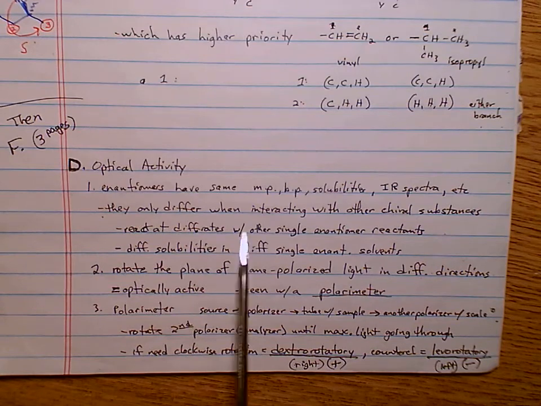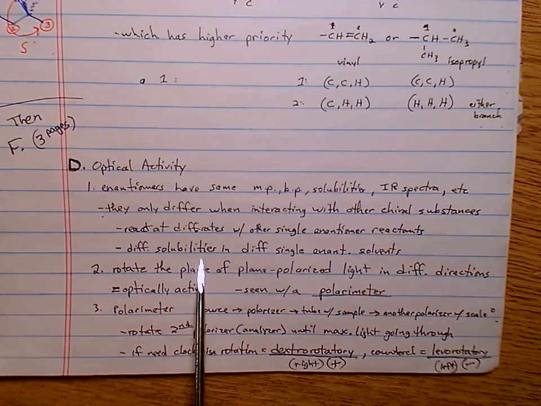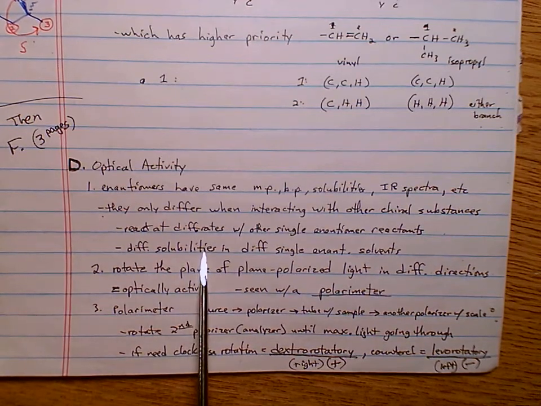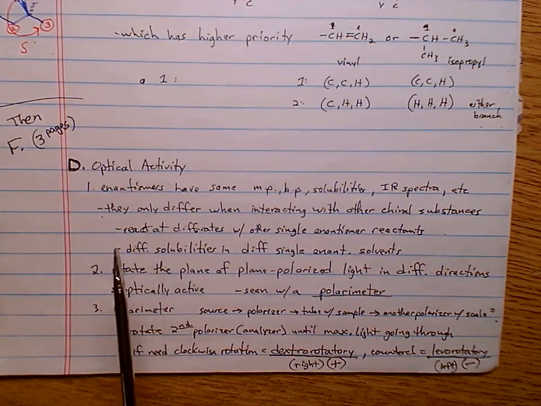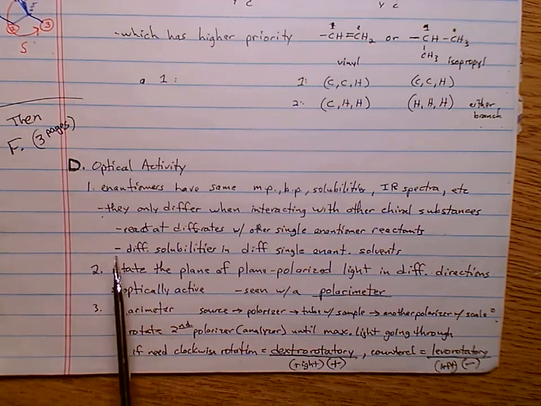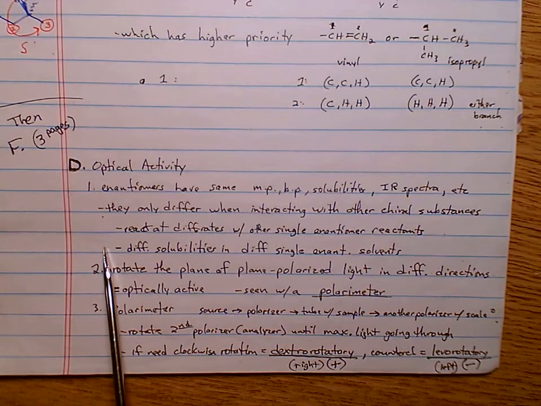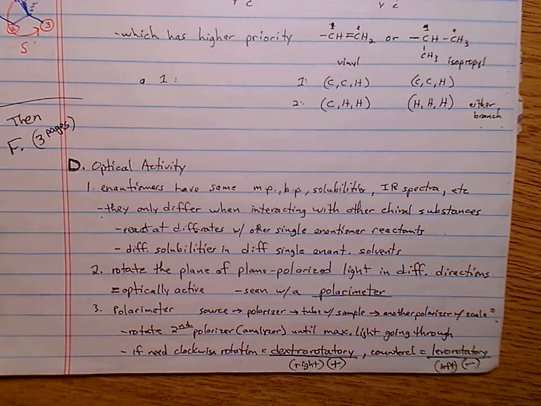And by the same token, they will have different solubilities if you are trying to dissolve them in a chiral solvent. So the first difference is they react differently with other chiral molecules.